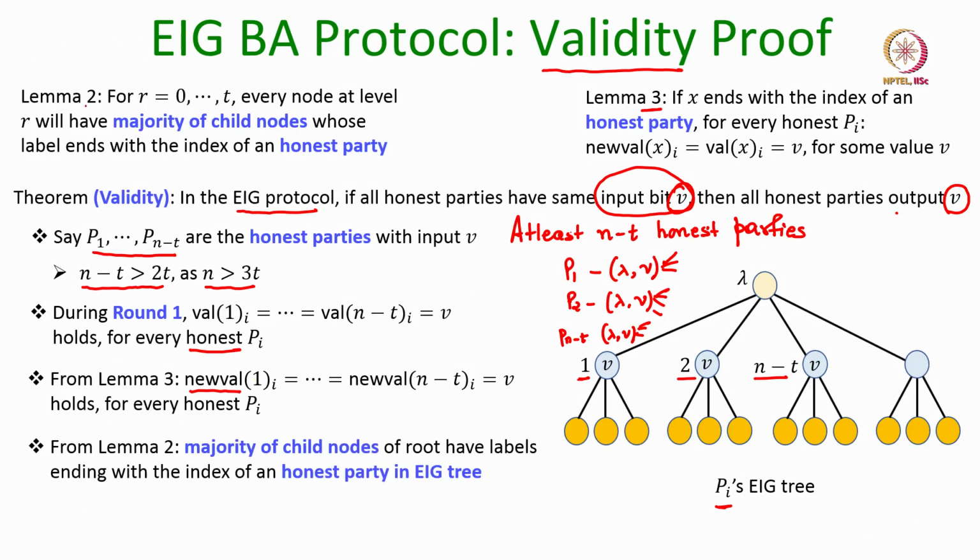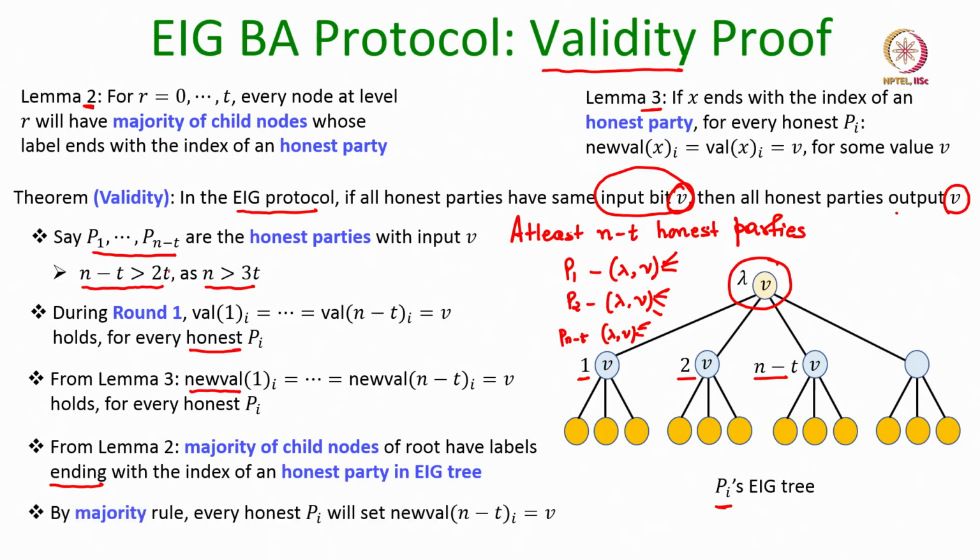And from lemma 2, the majority of the child nodes of the root of the EIG tree end with the index of an honest party: there are n minus t children whose label ends with the index of an honest party, and n minus t is more than 2t, that means at least 2t plus 1, so the majority of them end with the index of an honest party.